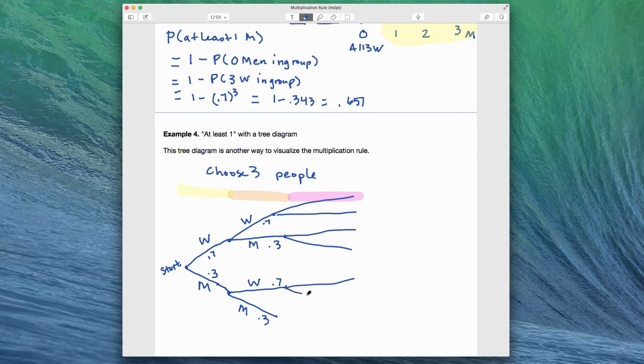So every time I split off, I go back into 2 branches because there were only 2 options, male and female. If we included a third option, then every time you split, you'd have 3 branches, and then this would get really crazy. Now I'm going to fill in all of these options here.